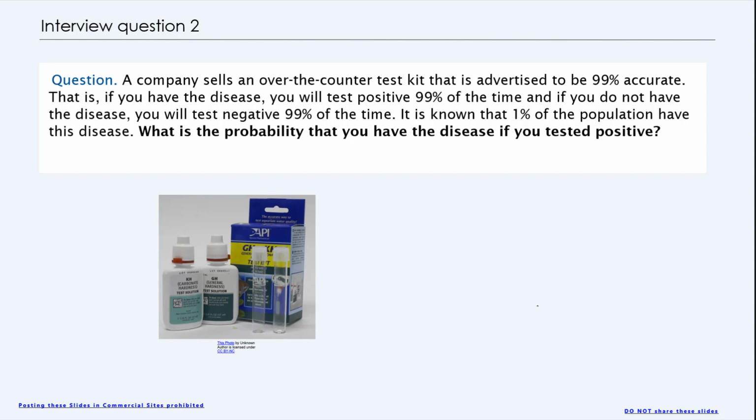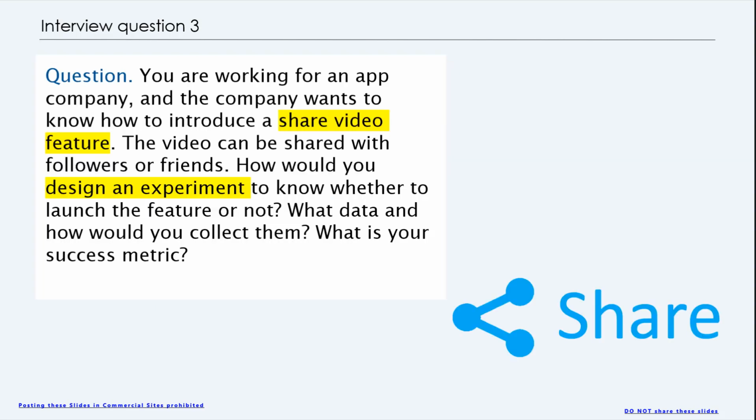The question is, what's the probability that you have the disease if you tested positive? The key thing is that we are going to use conditional probability to answer this question. For example, given that you tested positive, what's the probability that you have the disease? We can construct that using statistical tools.